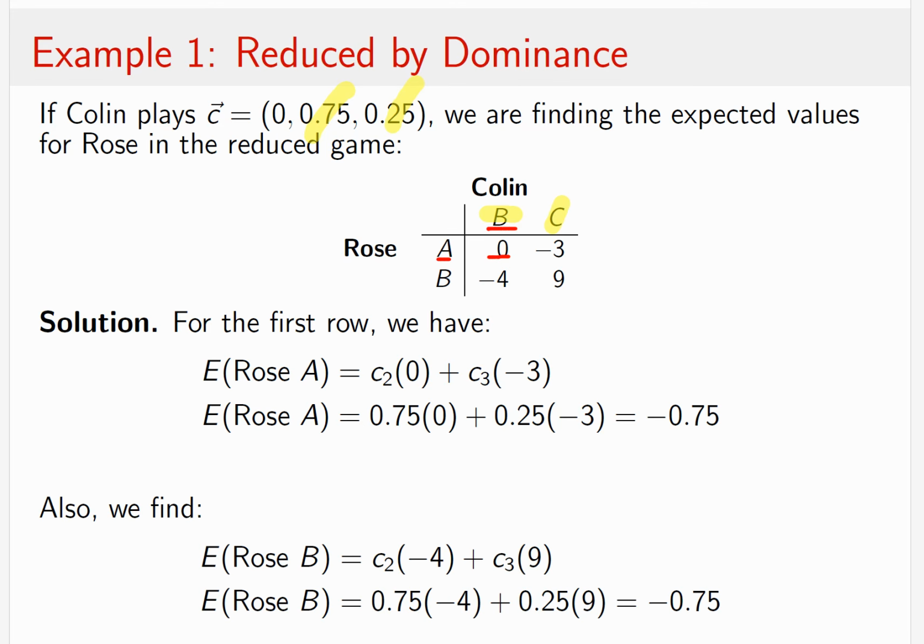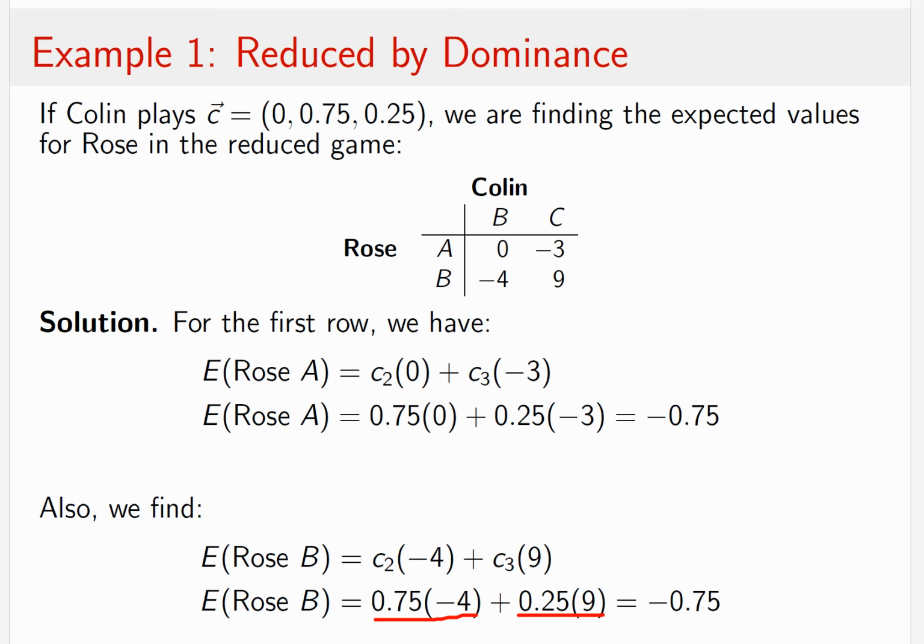To look at strategy B, we do much the same thing. You'll notice that Colin is still playing strategy B 3/4 of the time, and when he does so, Rose gets the outcome of -4, and Colin is playing strategy C 1/4 of the time, and when he does, Rose makes 9. So 9 times 1/4, that's 9/4 or 2 1/4. -4 times 0.75 is -3, so I have 4 1/4.